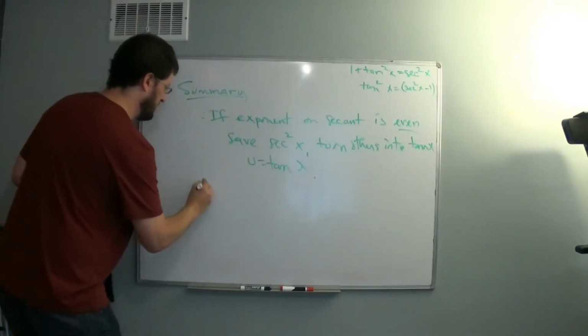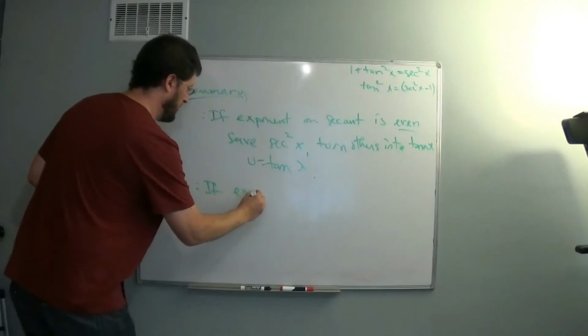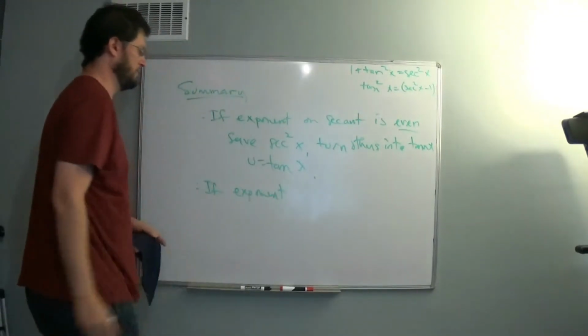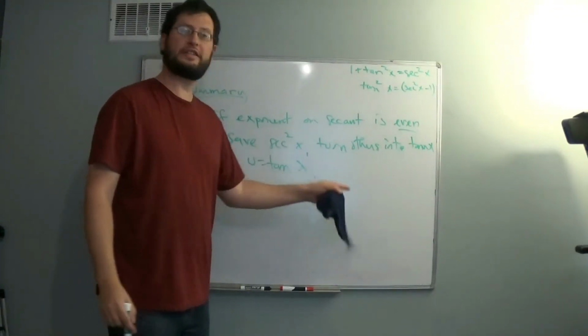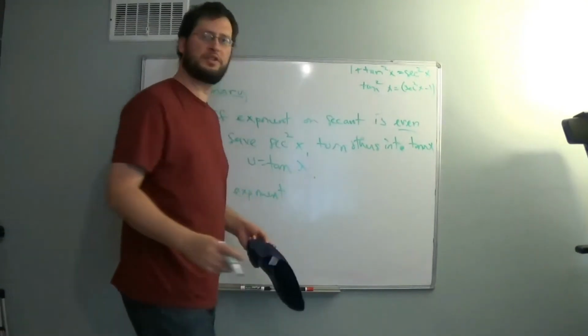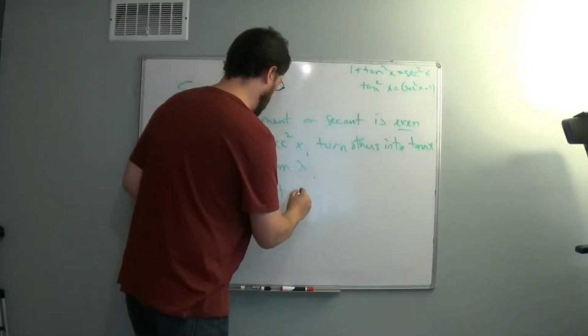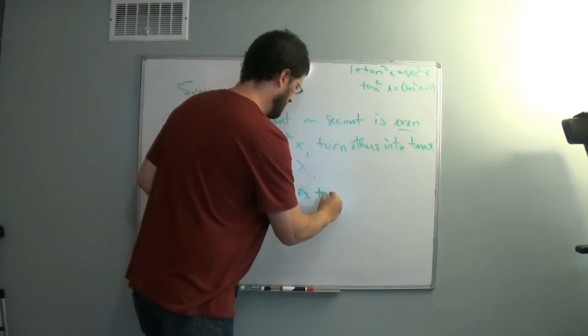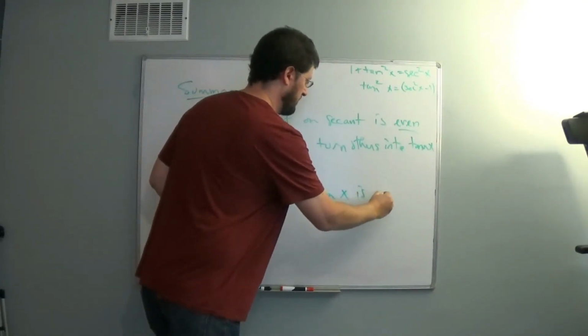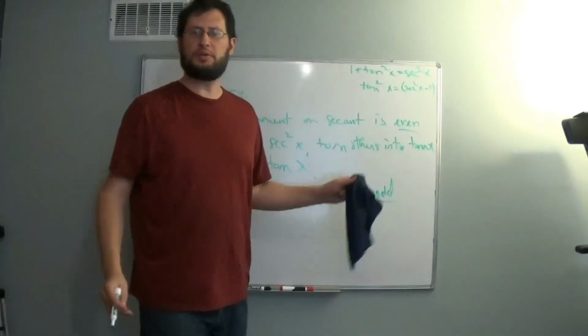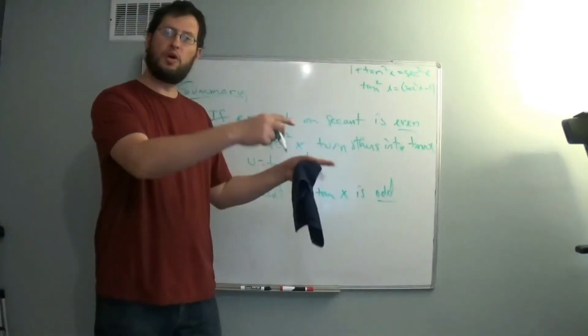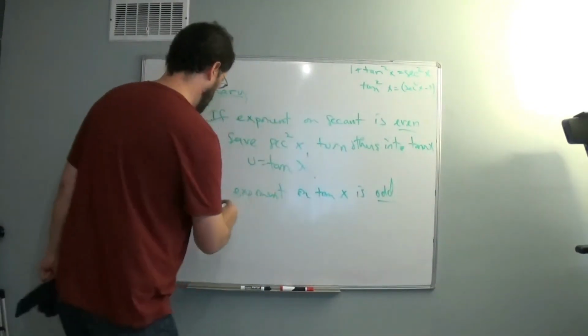If the exponent on tangent is odd, this is the one that we just looked at, that's the other idea. We'll save one secant and one tangent.